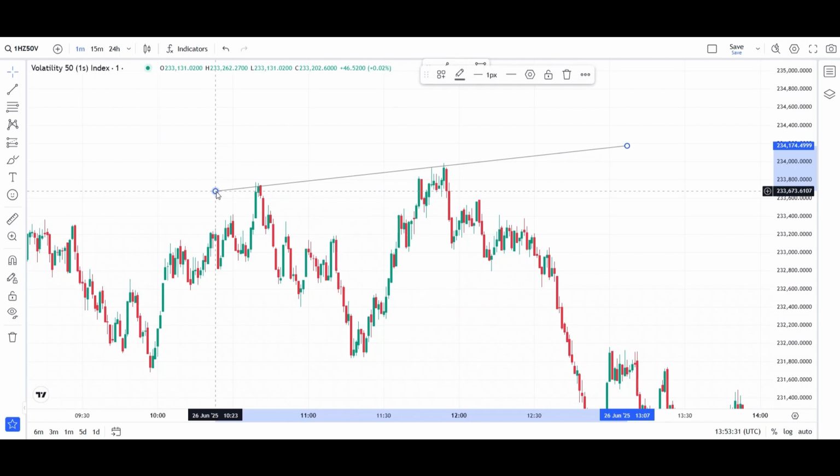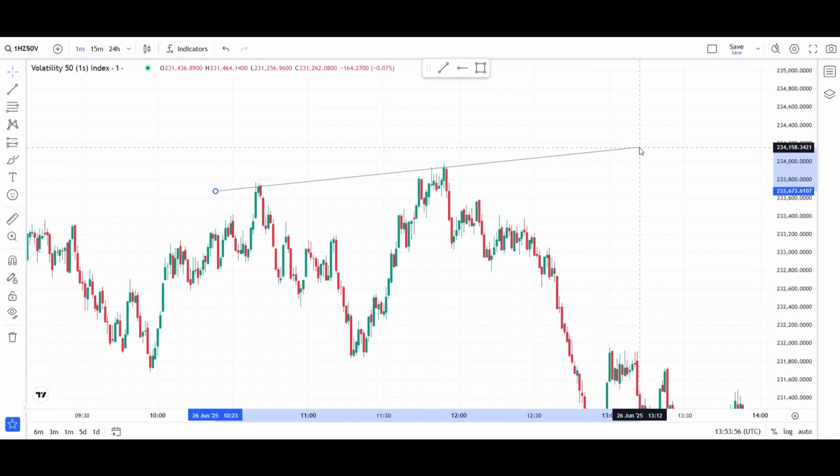You want to draw it on that previous bullish close, that previous bullish close candlestick before it went down. So this is the bullish candlestick I'm talking about. After it created that close, it went down, right? So I put it on that close, and then here you want to look at the same thing, bullish close, right? So you put it there.